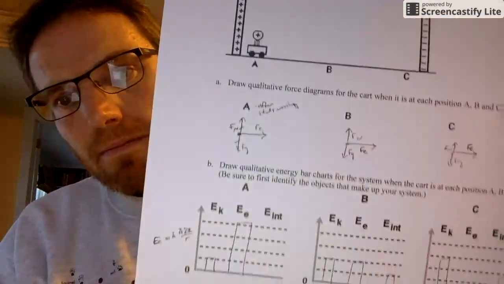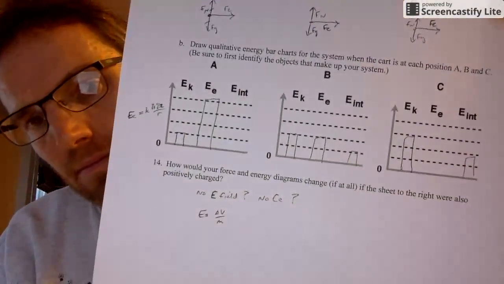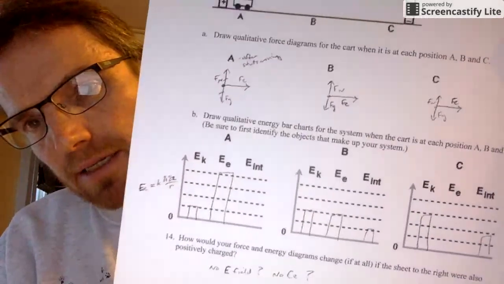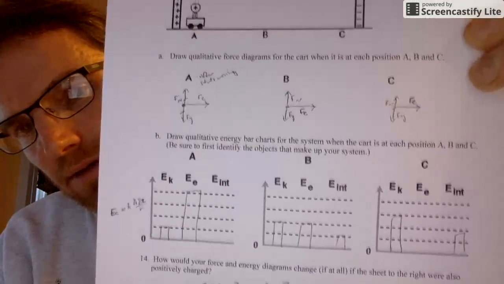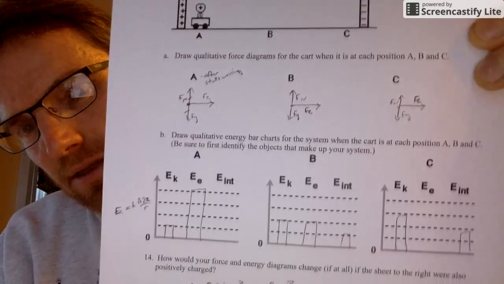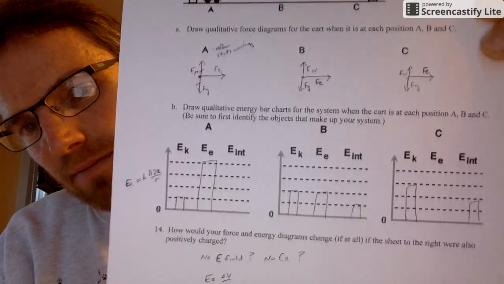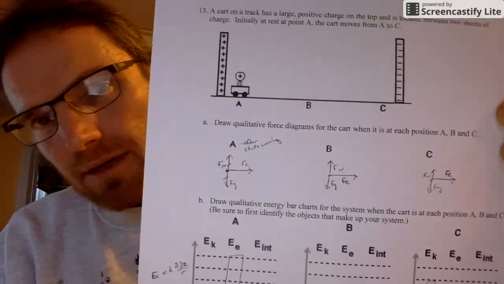I went ahead and took some notes on the material. I thought it was interesting to relate force diagrams to the fields and the potentials and the charge that's put in between the two plates.